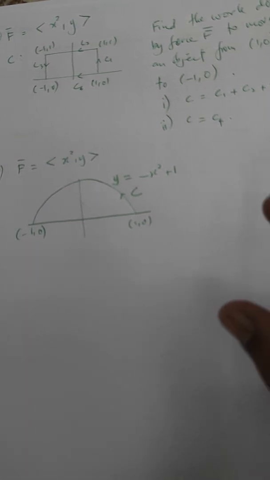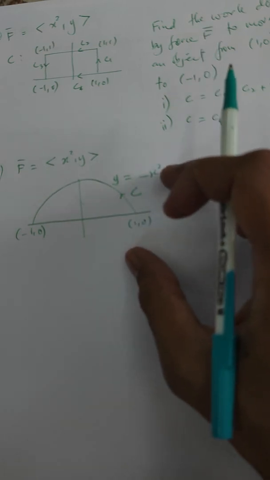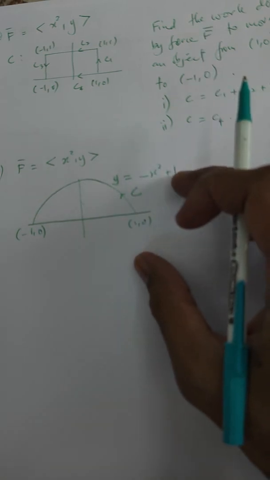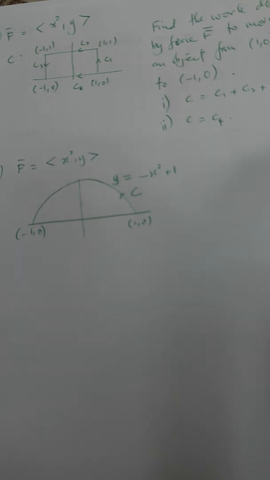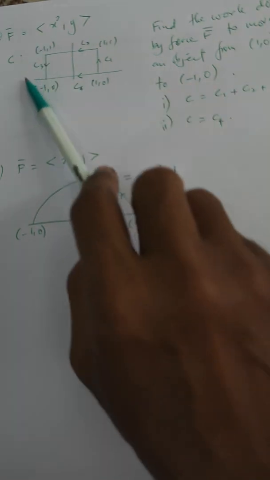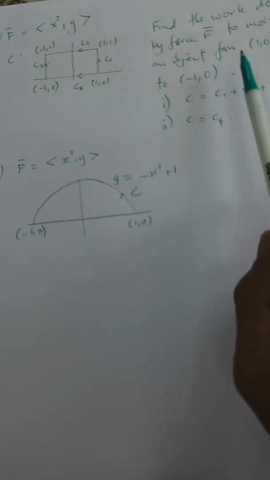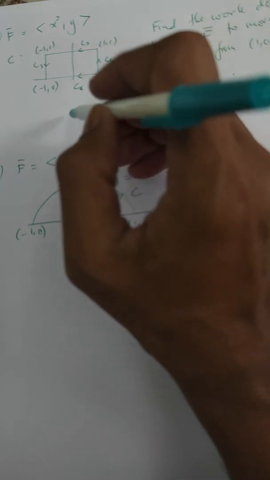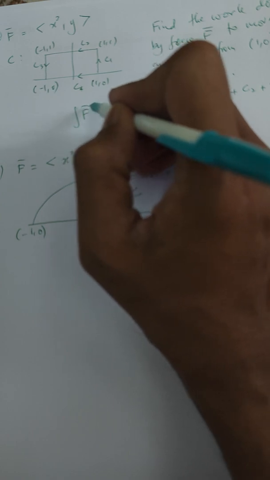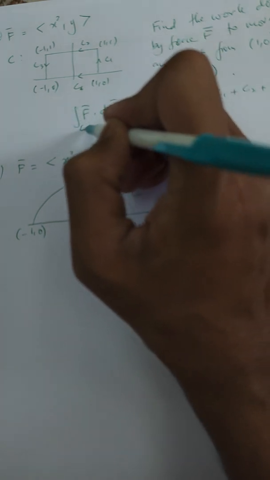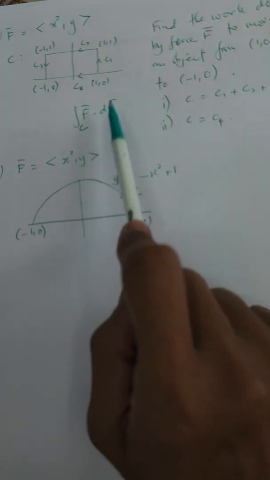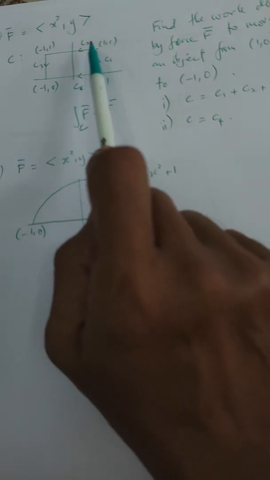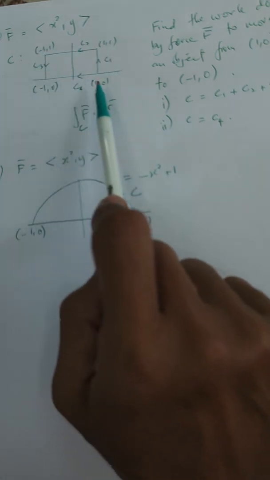Okay, for the second case here, let me recap this example again. In the first case, I want you to evaluate the line integral of F dot dr over C, where your C has 2 cases: C1, C2, C3 for the first case, and C4 for the second case.